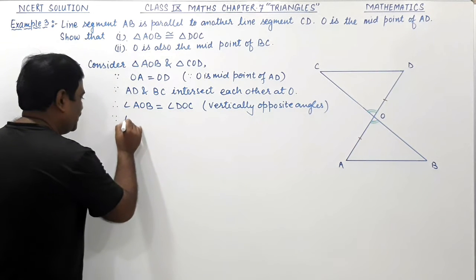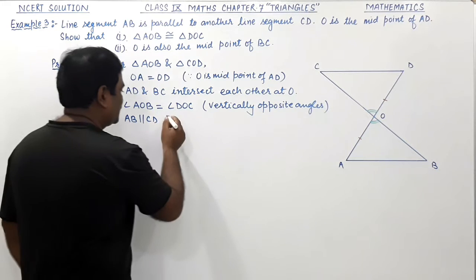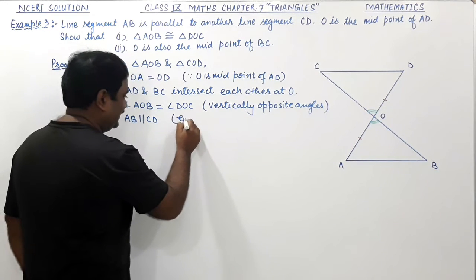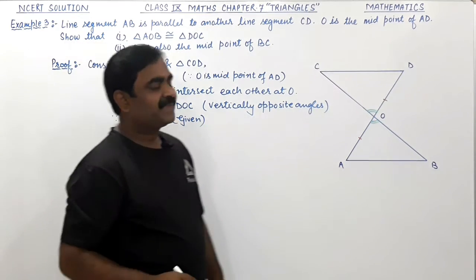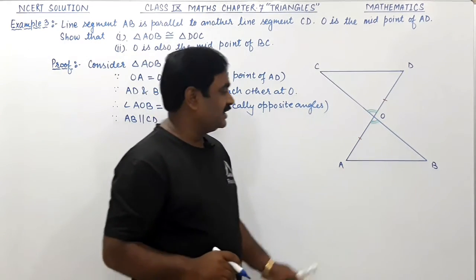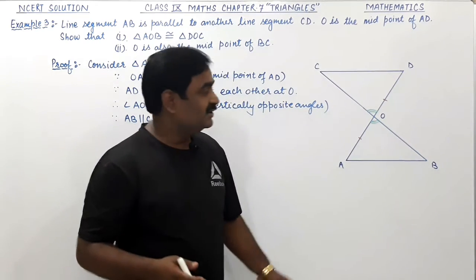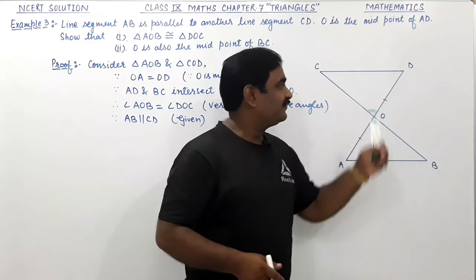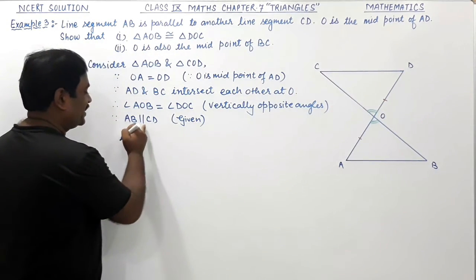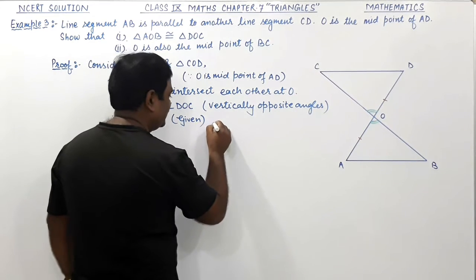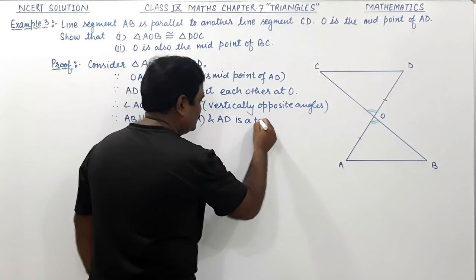Since AB is parallel to CD, which is given, and if AB is parallel to CD, then this AD is a transversal of these two parallel lines.